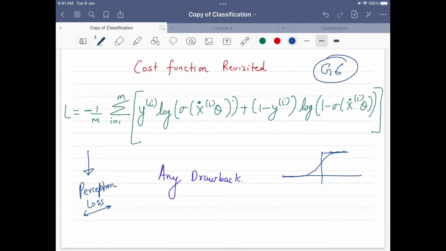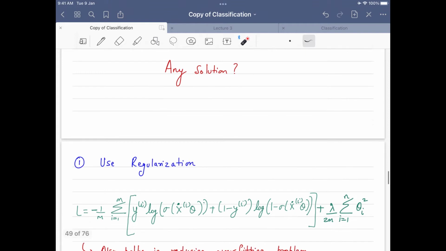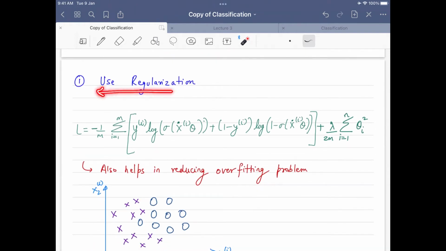The first way of solving this problem, where sigma is touching close to 0 and 1, is through regularization. Remember, we have dealt with a lot of regularization in our linear regression problems, where we used a regularization parameter. If you recall, we derived a lot of expressions related to that.